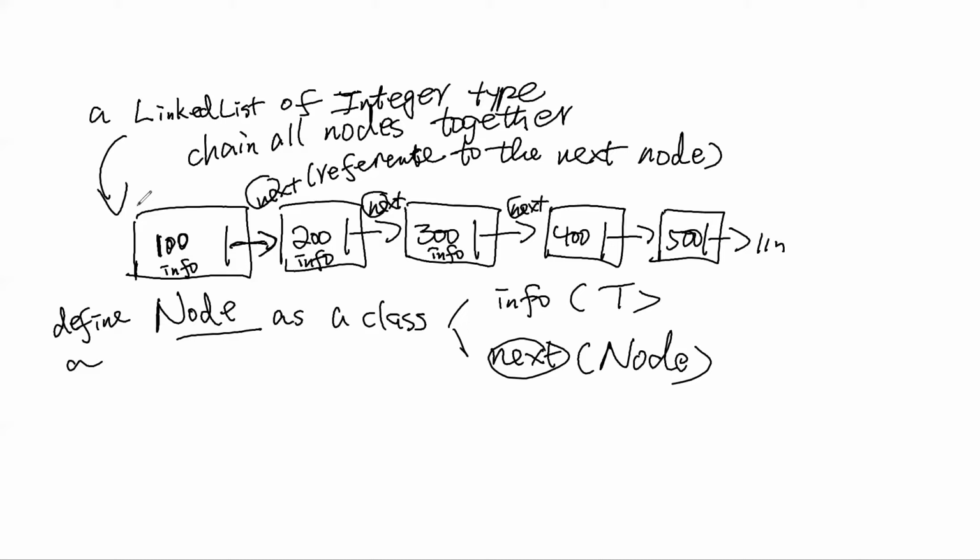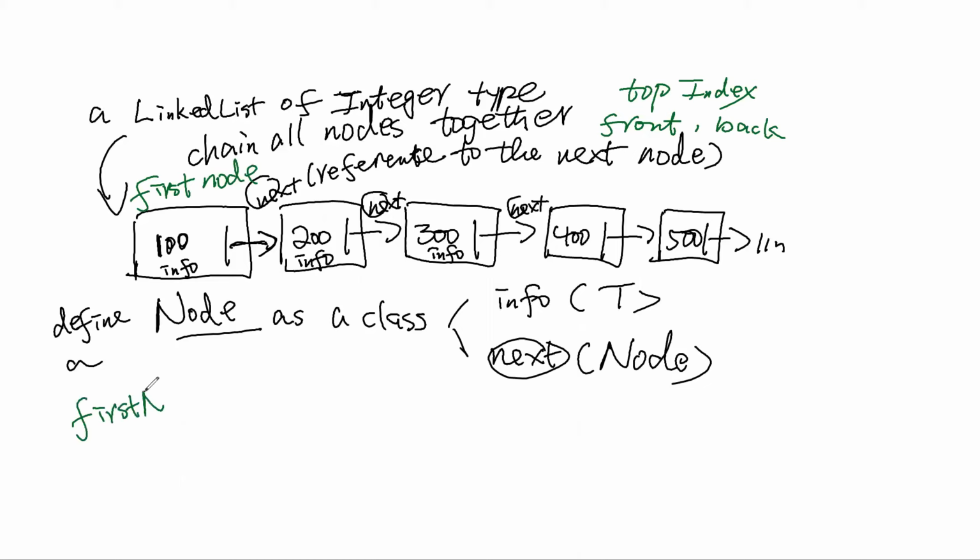If you recall in a stack, you have the top index. And in a queue, you have the front and the back index. Those can be used to identify the stack and queue items. And with a linked list, generally speaking, we want to have the first node. Suppose you have the first node.